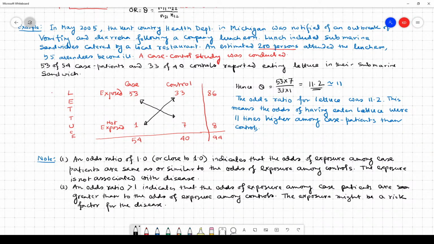So here we can add this line: lettuce might be a risk factor for illness after the luncheon.